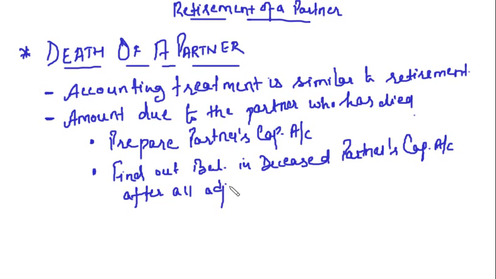All adjustments means regarding revaluation, goodwill, and reserves. After doing all the adjustments, we will find out the balance in the deceased partner's capital account.